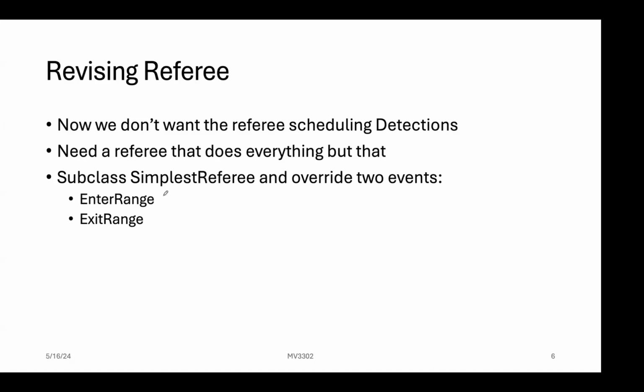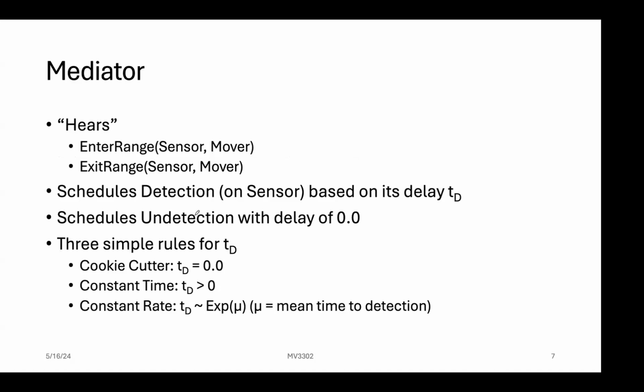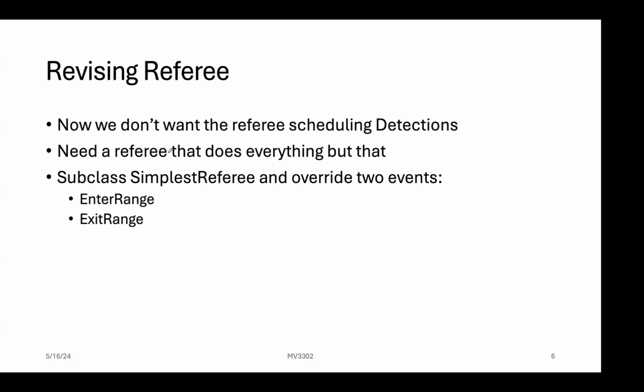I wanted to at least show the detections happening and working with the sensor. So we need to revise the referee and get rid of those things. How can we do that? Well, the mechanism is basically to subclass the simplest referee and override these two events.